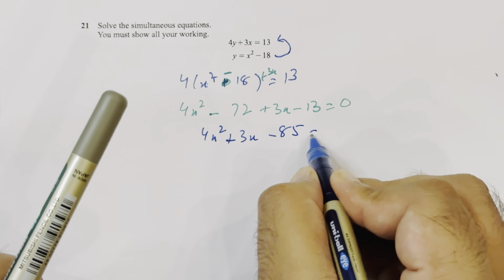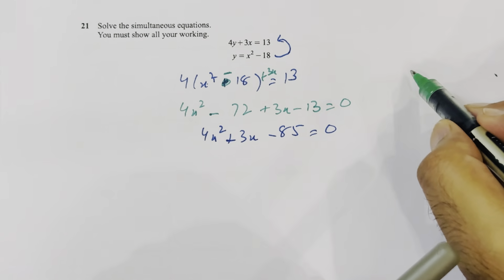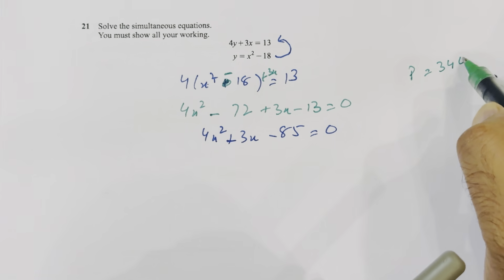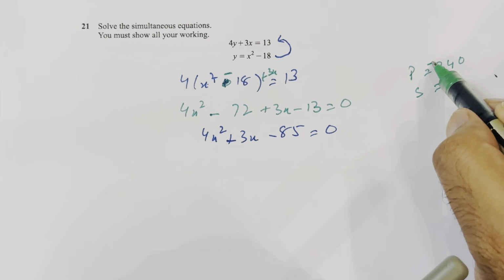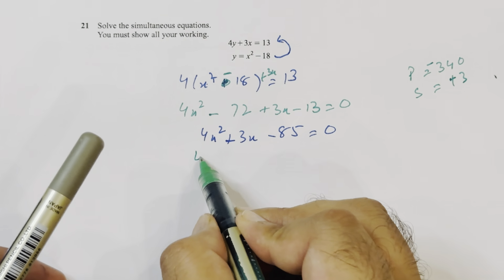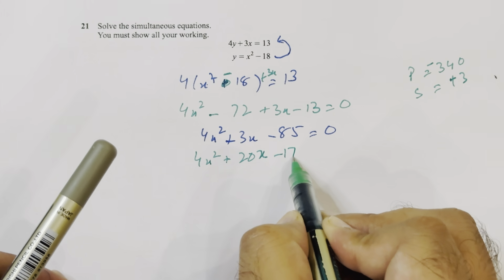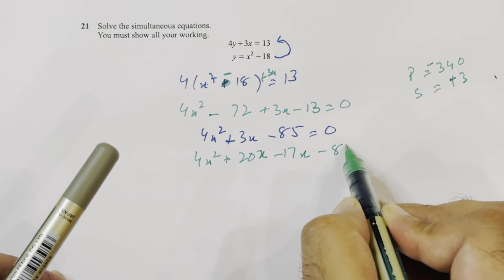Now you need to apply the mid-term split over here. You're gonna get the pairs like 20 into 17. 4 into 85, your product should carry 340, and your sum should be equal to plus 3. So these are the two pairs: 4x squared plus 20x minus 17x minus 85 equal to 0.